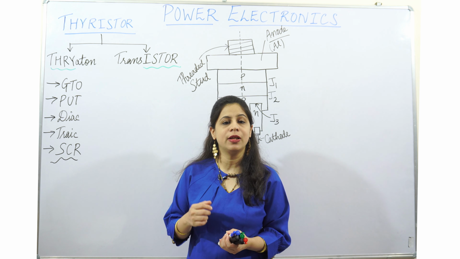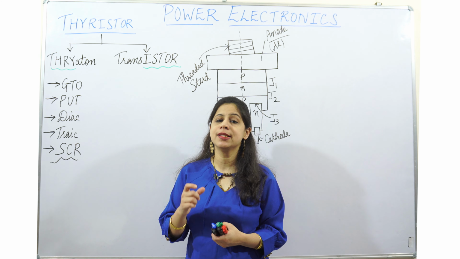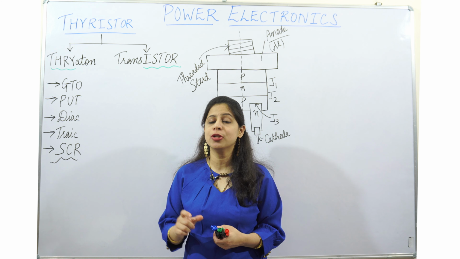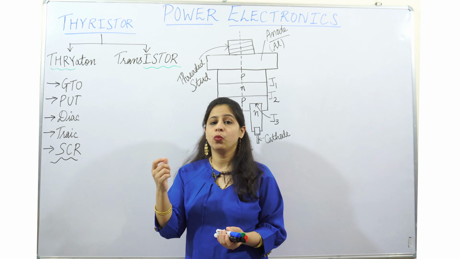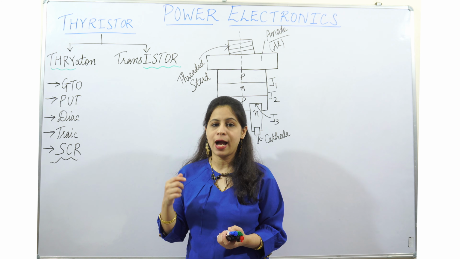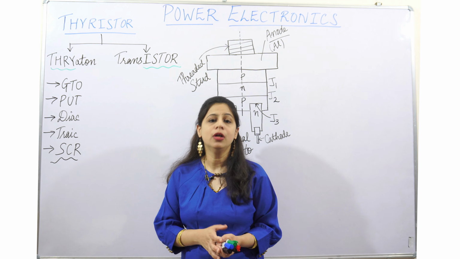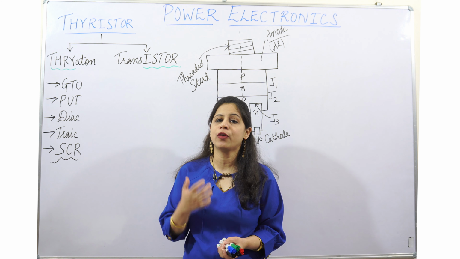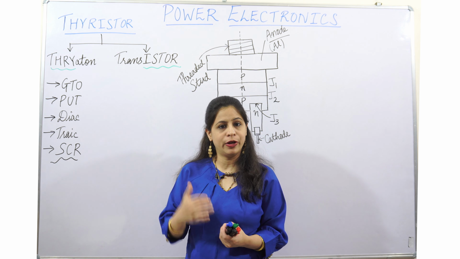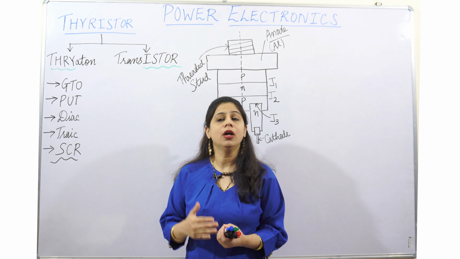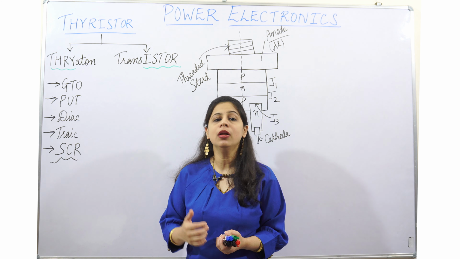So let us see what is the definition of SCR. SCR is a unidirectional semiconductor device which can conduct from anode to cathode and restricts the conduction from cathode to anode. It can also restrict the conduction from anode to cathode until we give the firing angle. Okay, but in a diode that is not possible.